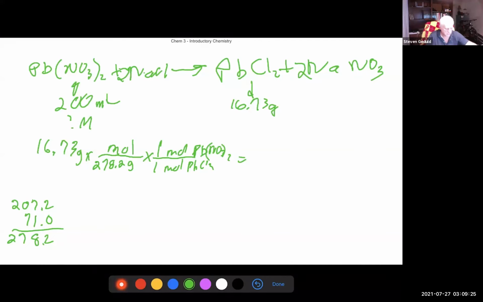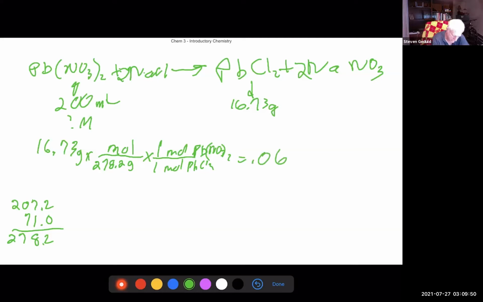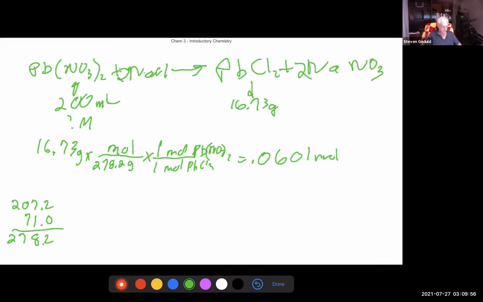So 16.73 divided by 278.2 equals 0.0601 moles of lead nitrate used for that.